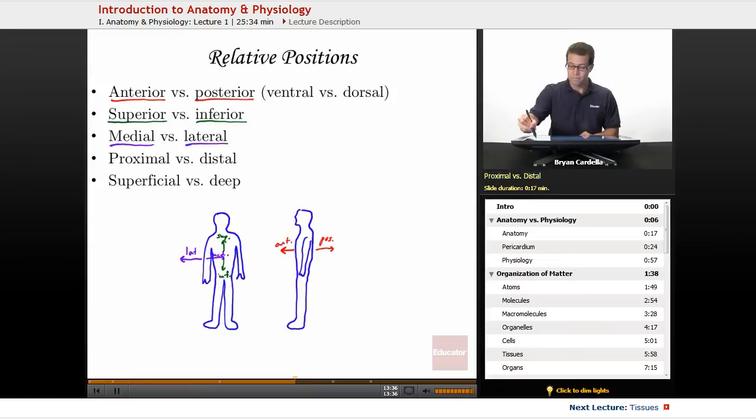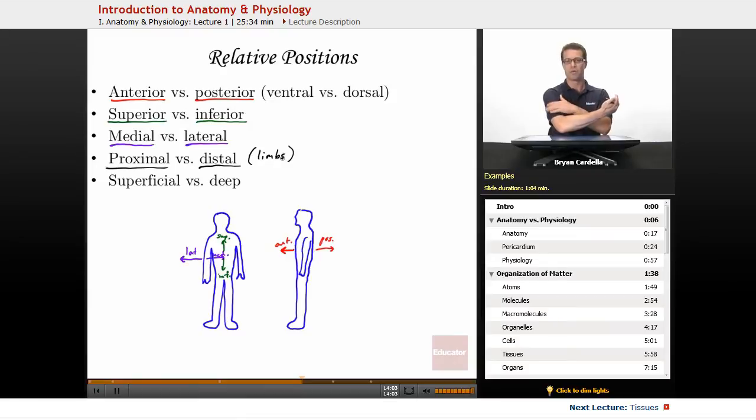Proximal and distal. Let's use black. These terms always have to do with the limbs. Arms and legs, always. And it's a better term than using, let's say, superior and inferior. For instance, when we're talking about the arm, I could say that my finger bones, also called phalanges, are distal to my humerus, which is the upper arm bone here.